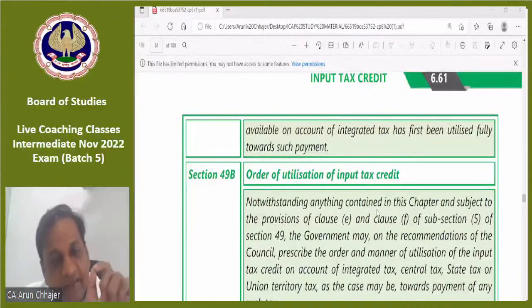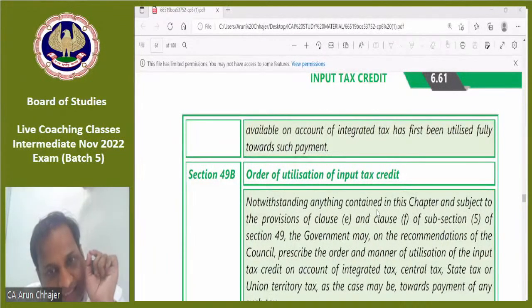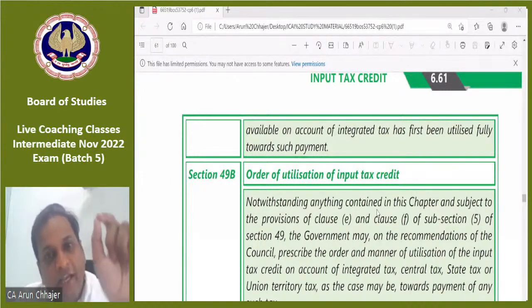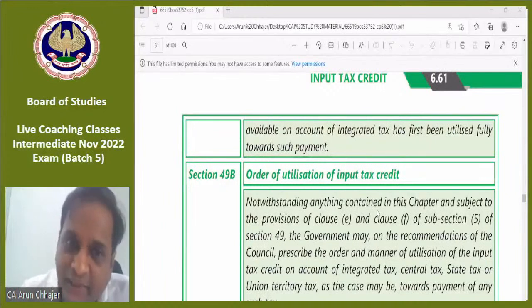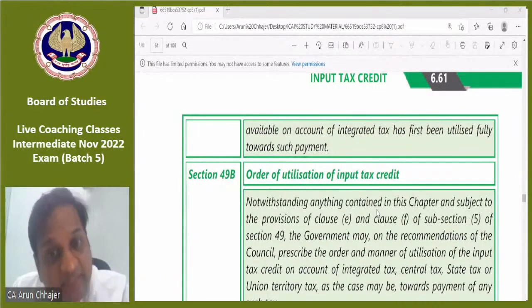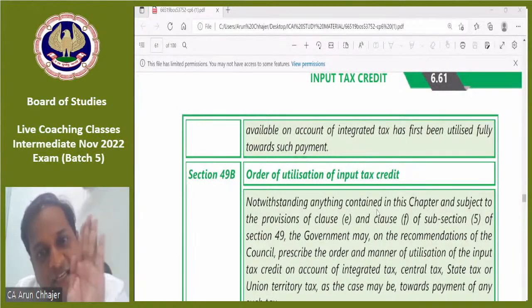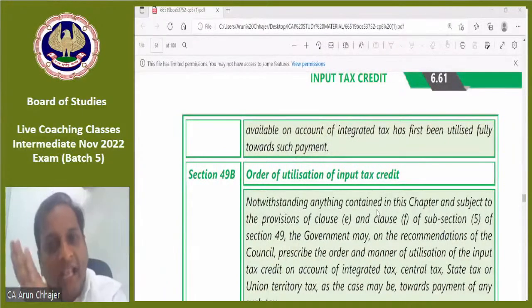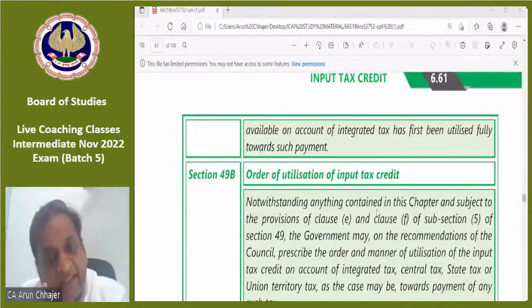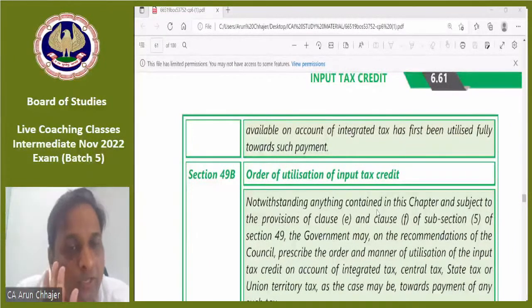I am saying IGST ITC has excess balance. Then IGST ITC will be allocated first to IGST tax liability, and after that, if IGST has the excess balance, they can go to C, they can go to S in any order, any manner. CGST never gives the amount to S.